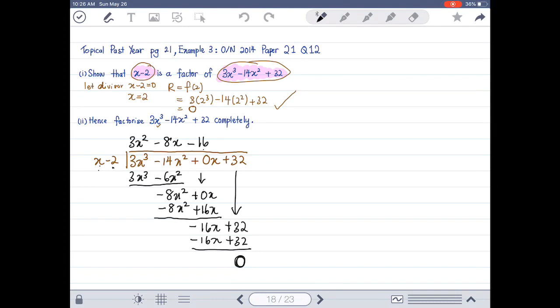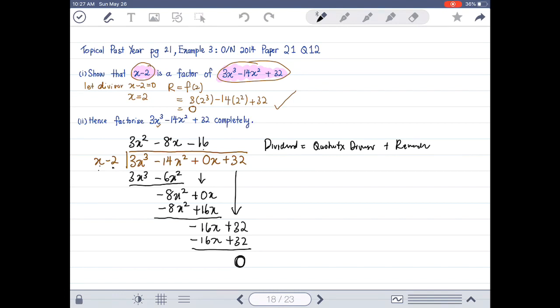Now we write in terms of dividend equals quotient times divisor plus remainder.